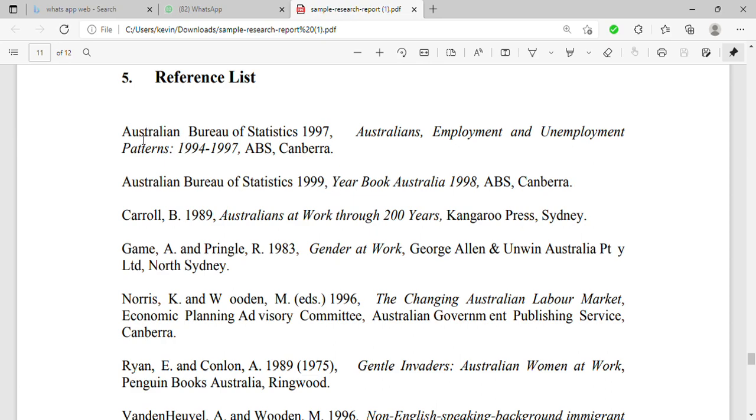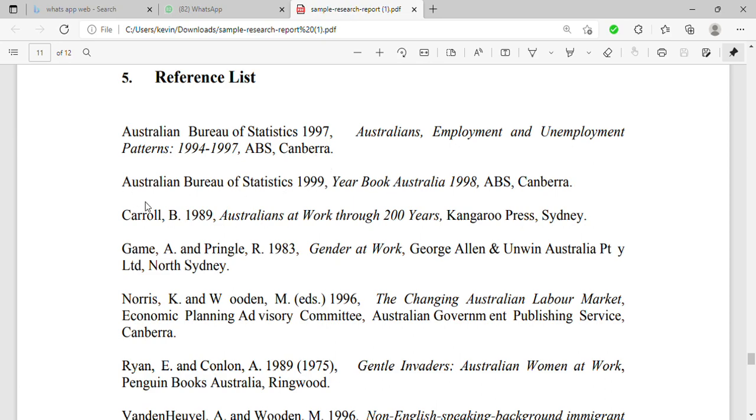So here it's the Australian Bureau of Statistics, then the date 1997, the title of the book, Australians, Employment and Unemployment Patterns. The period of publication 1994 to 1997, ABS, this is the place of publication, something like that.